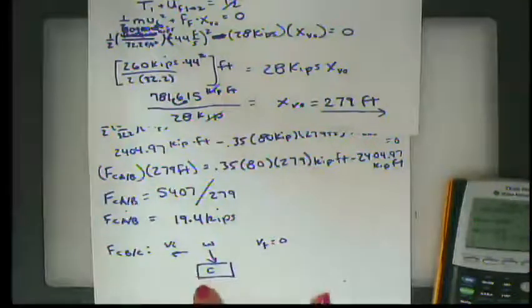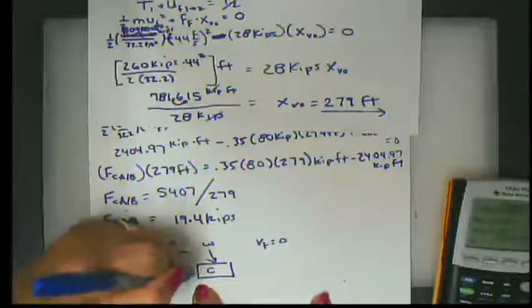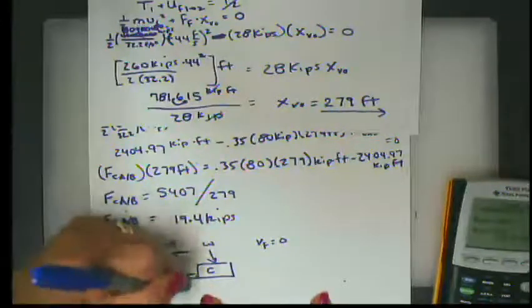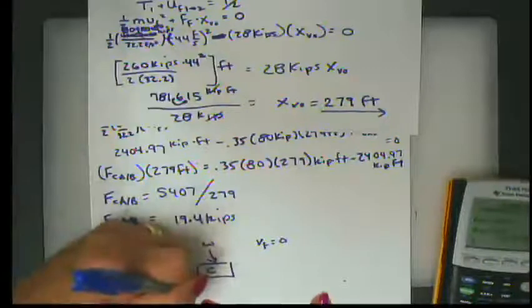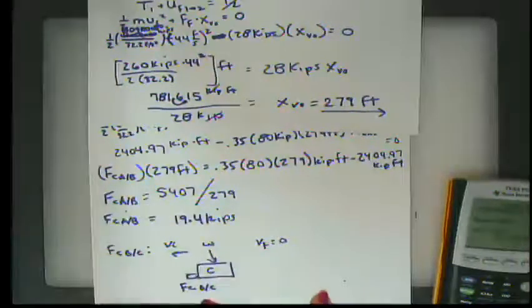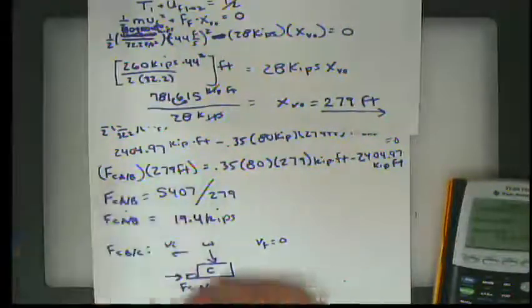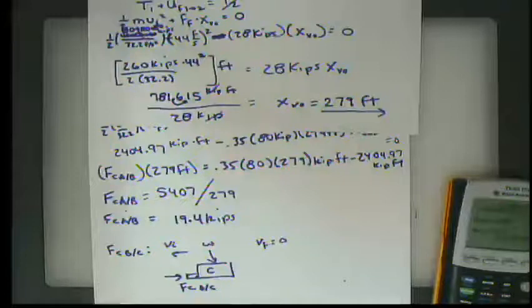The only thing we have operating on this car is the force in the coupling between B and C. And the question is, thinking about being in car C, is that coupling going to be in compression or is it going to be in tension? Is it being pulled ahead or is it being stopped? Absolutely. Otherwise it would be a very bad braking operation. That's kind of the whole point of putting on your brakes, right?